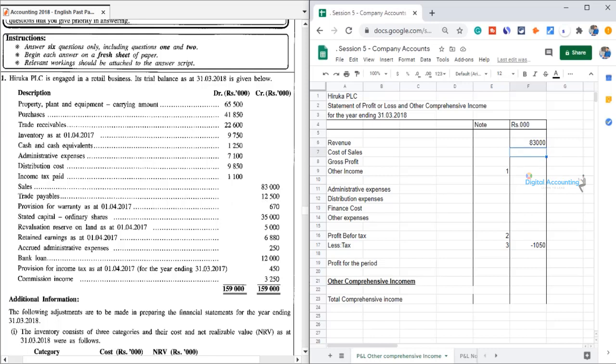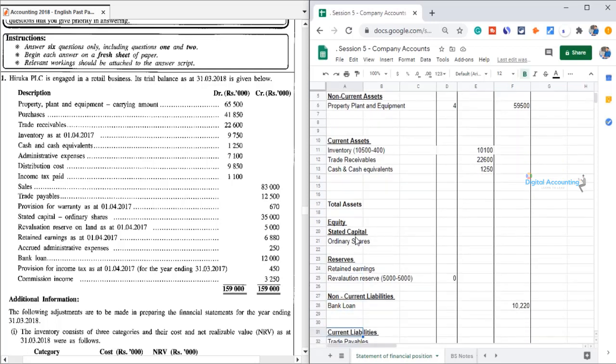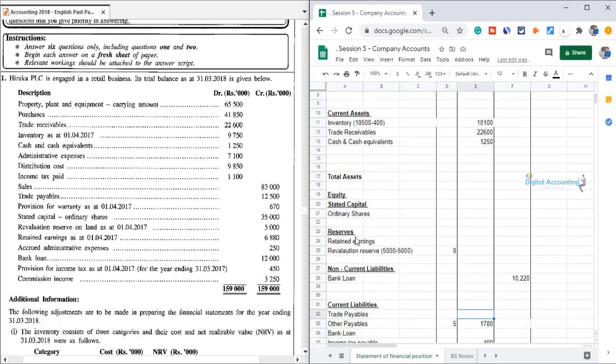Trade payables 12,500. Provision for warranty as at 1st April 2017, 670.